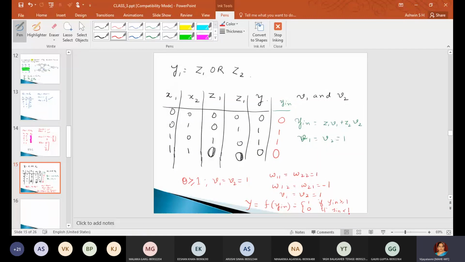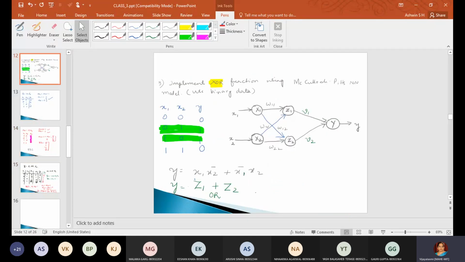This is for the last. Okay, so let me come back to the model. So I will write here the value of w1, w2 is equal to 1, this is equal to 1, w11 is equal to 1, w22 is equal to 1, this is equal to -1, this is equal to -1.